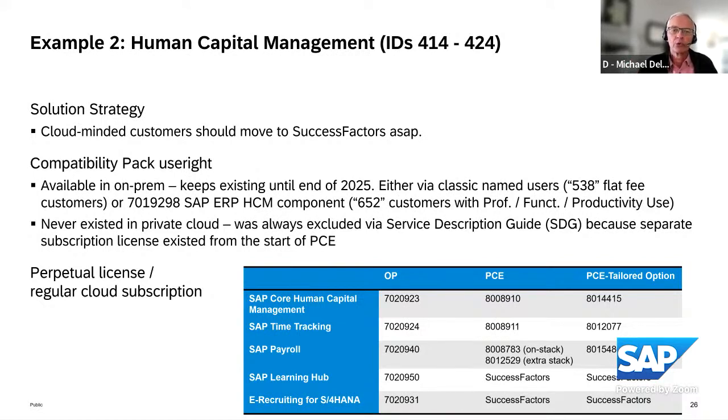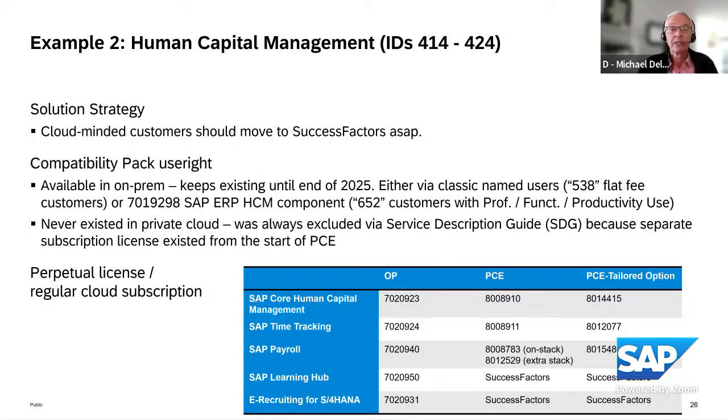With release 2022, we brought in the new HCM license materials, which you can see on that slide here. And the interesting thing is that with this step in on-premise on release 2022, we actually followed what we did 2 or 3 years earlier in private cloud, because in private cloud, HCM was always excluded.